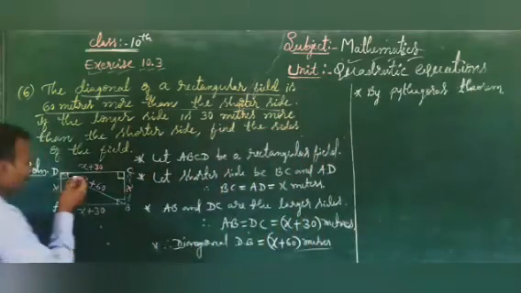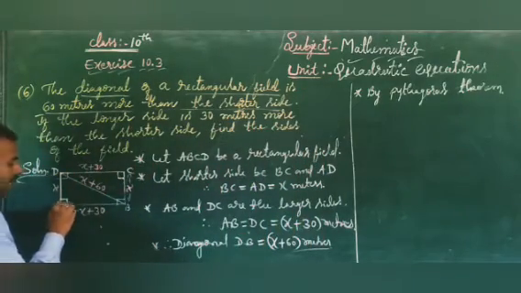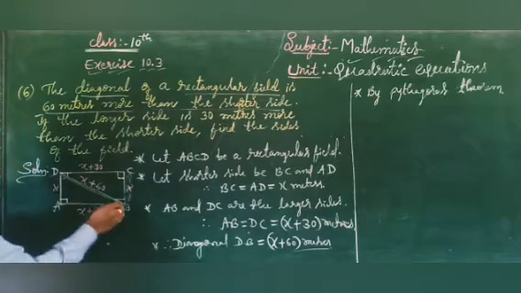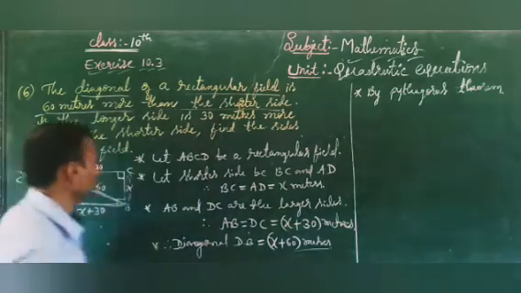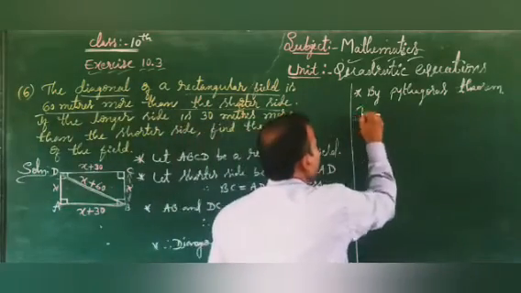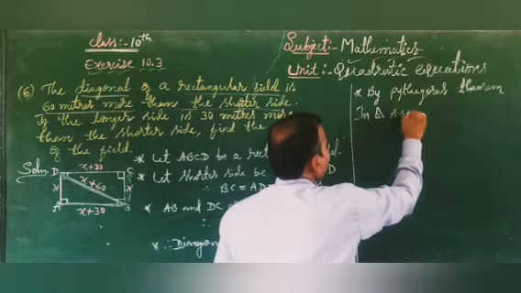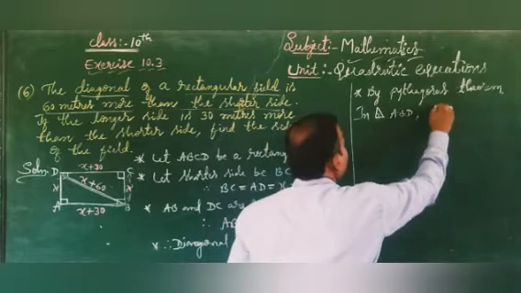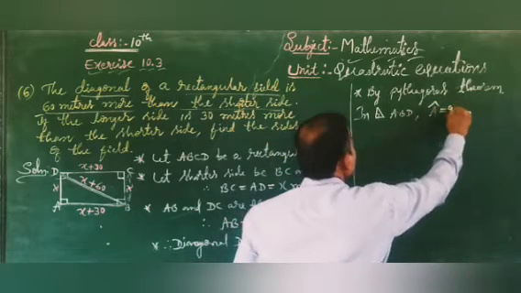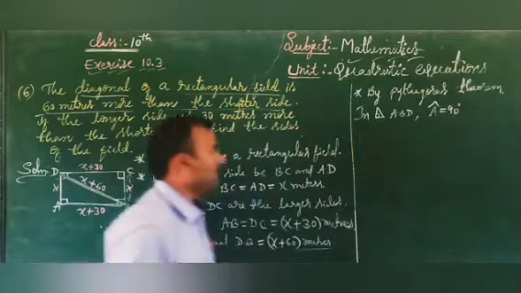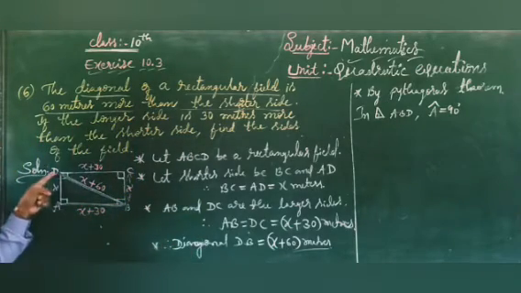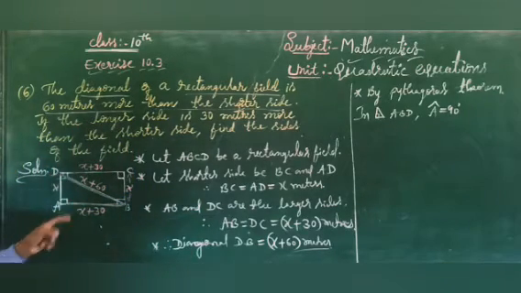here we consider triangle ABD. In rectangle ABD, angle A is equal to 90 degrees. In triangle ABD, angle A equals 90 degrees.